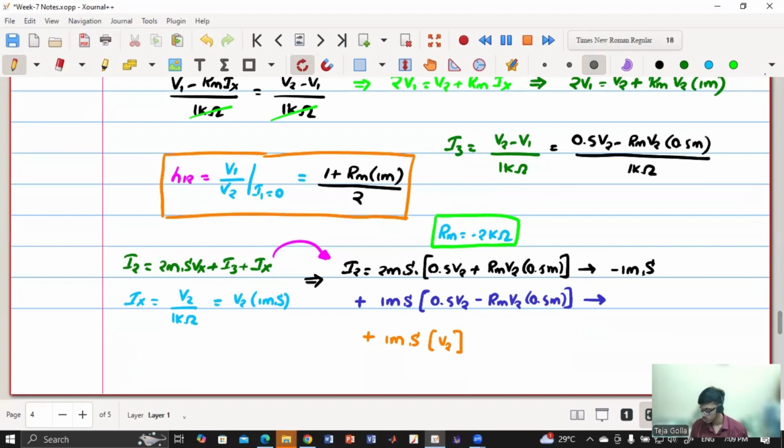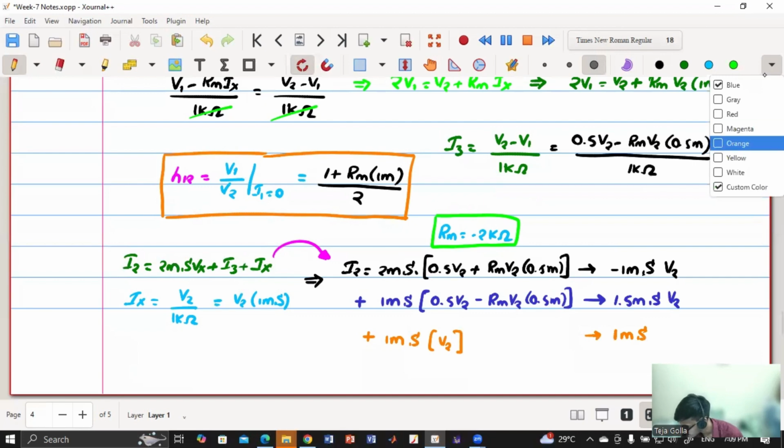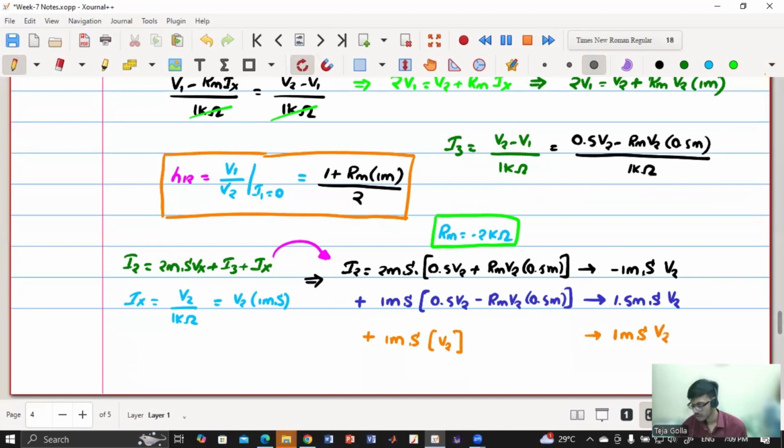Minus 2 into 0.5, so it is plus 1, and plus 0.5, it is 1.5 millisiemen. And the last one is 1 millisiemen into V2. So this is 1.5 millisiemen into V2. I have just substituted and simplified.